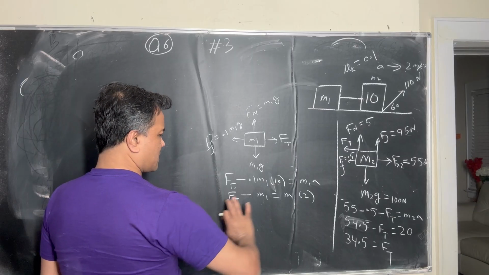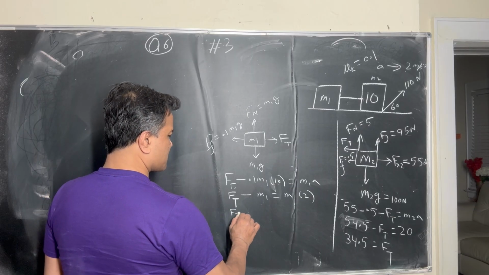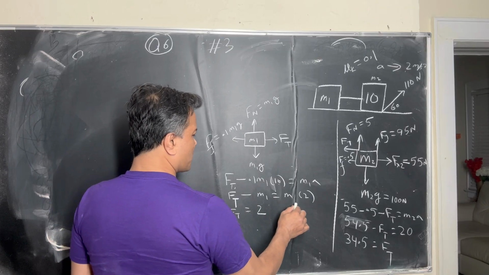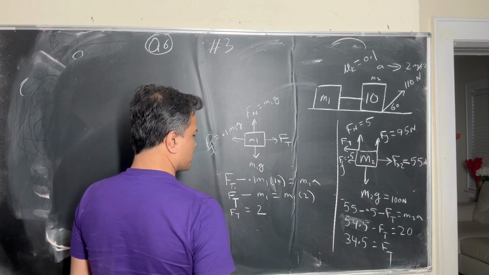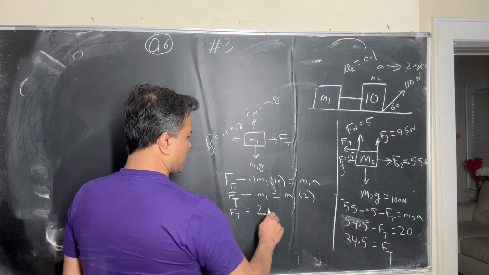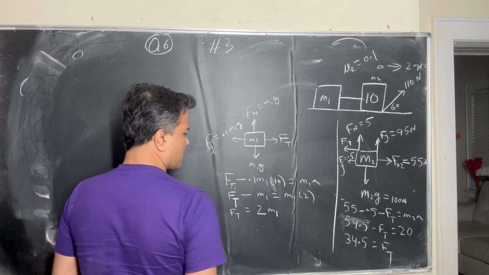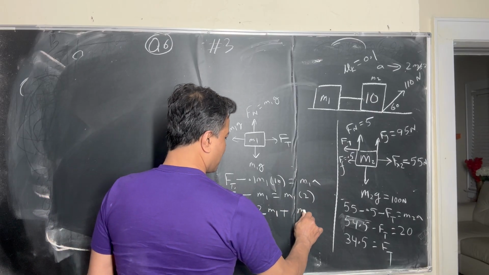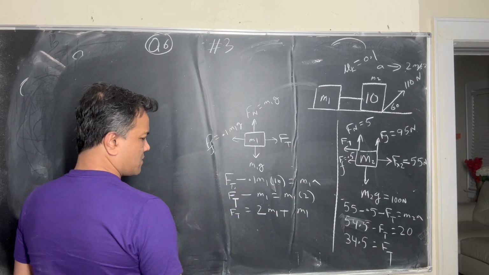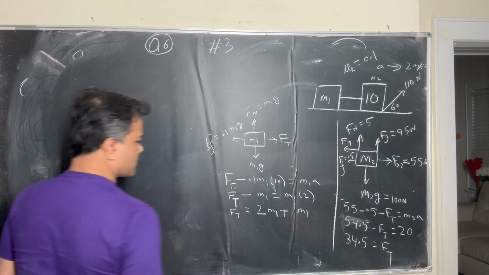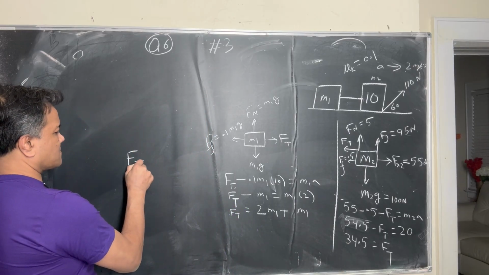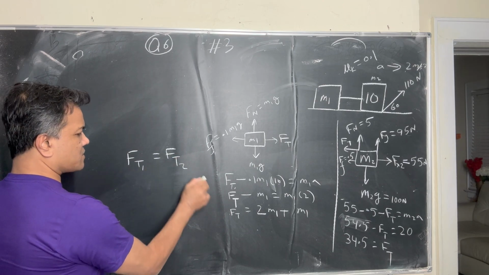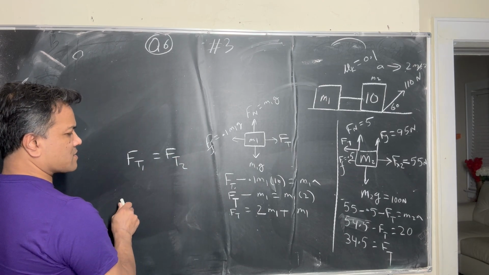So I'm going to send everything to the other side. Ft is equal to 2m1 plus m1. Oh, okay, I see, 3m1. So Ft1 is equal to Ft2. Ft1 is 2m1 plus m1.